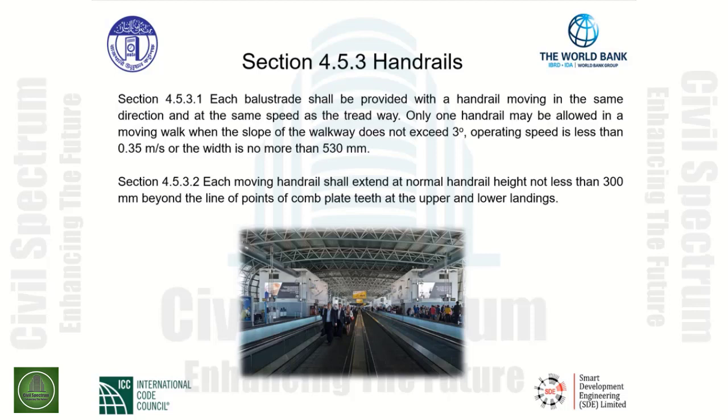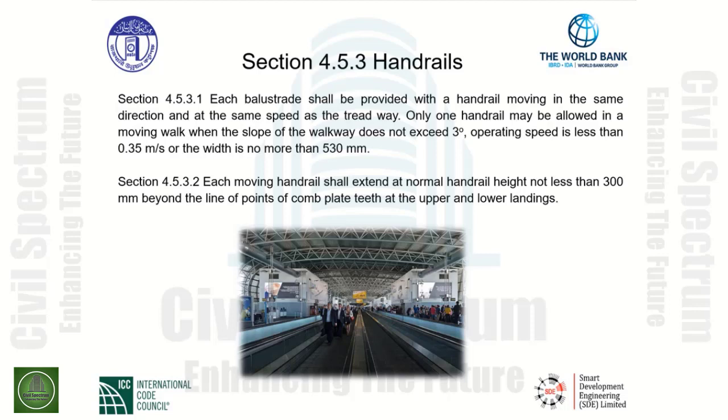Section 4.5.3.2 indicates that each moving handrail shall extend at normal handrail height not less than 300 millimeters beyond the line of points of comb plate teeth at the upper and lower landings.